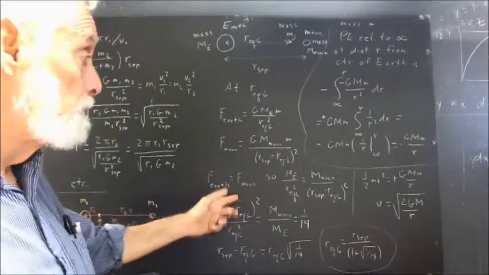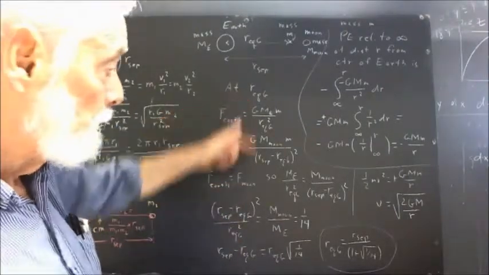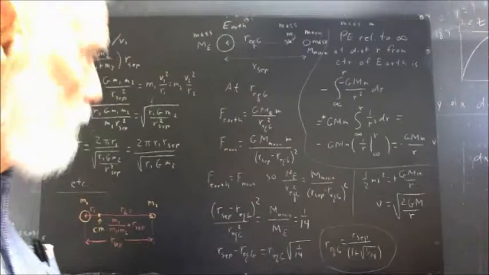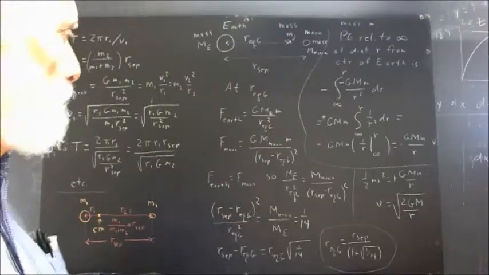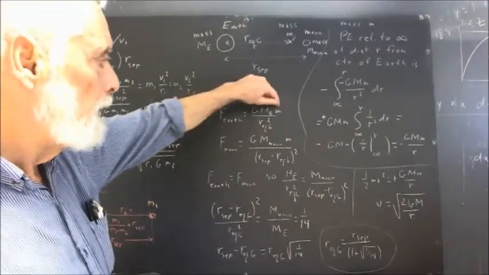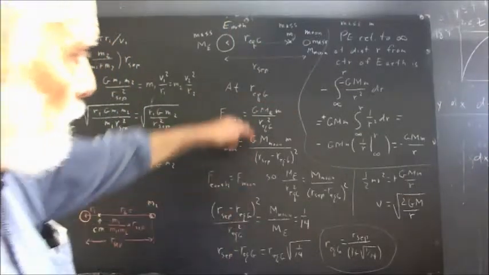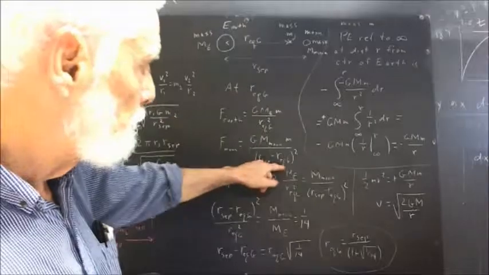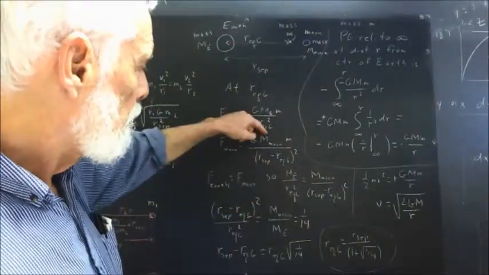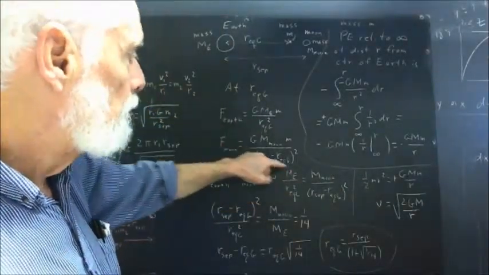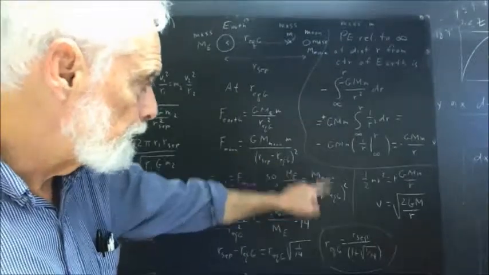Now, if they're equal, well then, this expression equals this expression. And if we set them equal, we've got a big G and a little m in the numerator of each. Those can be easily divided out, and that's going to leave us mass of the Earth over R equal G squared, and mass of the Moon over the difference of these two distances squared.